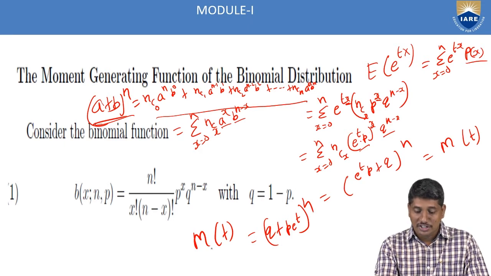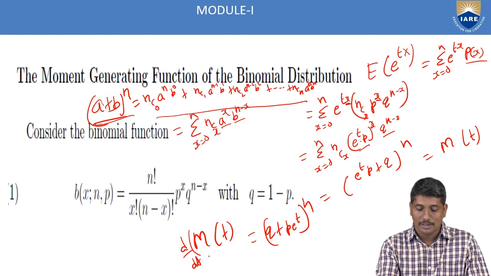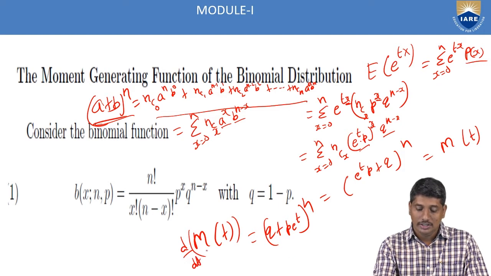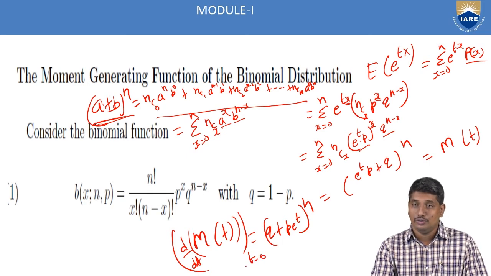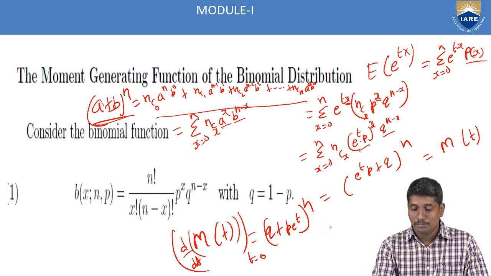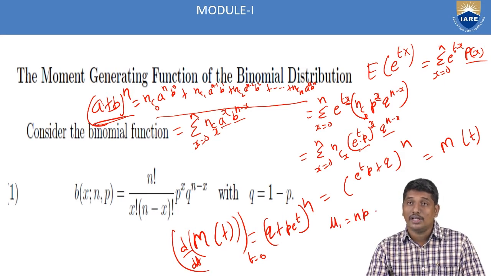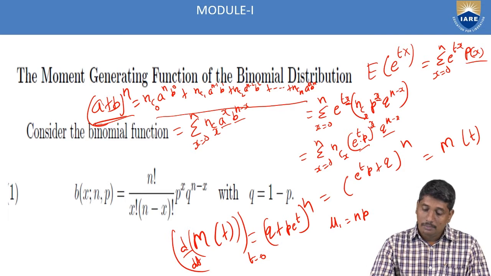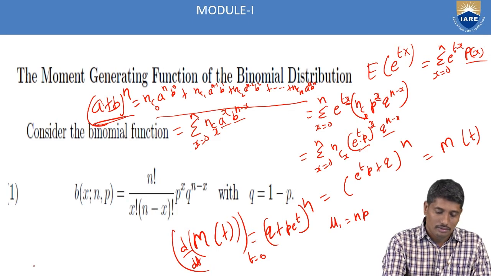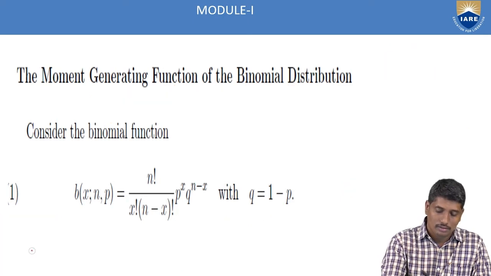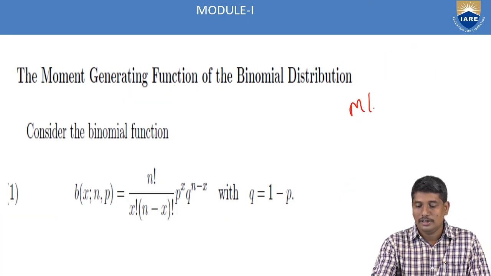By differentiating it with respect to t one time and substituting t equal to 0, we will observe that mu1 is np, which is nothing but the mean of the binomial distribution.